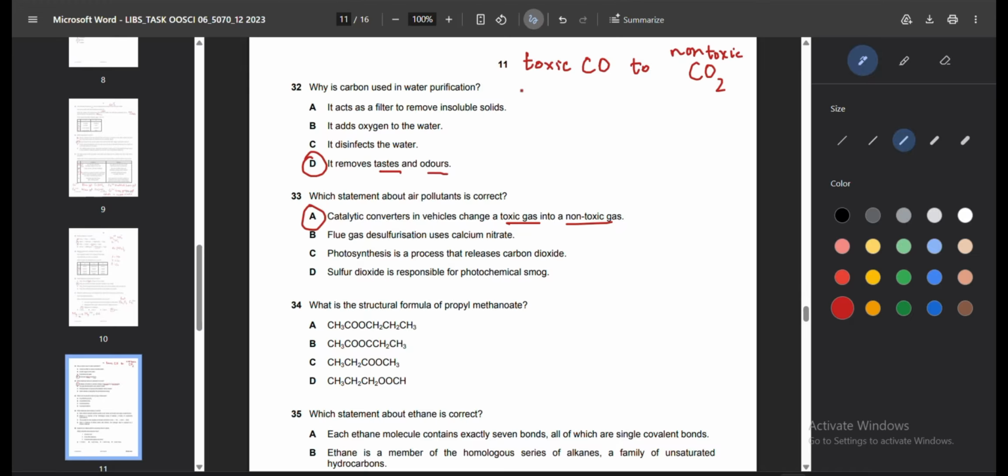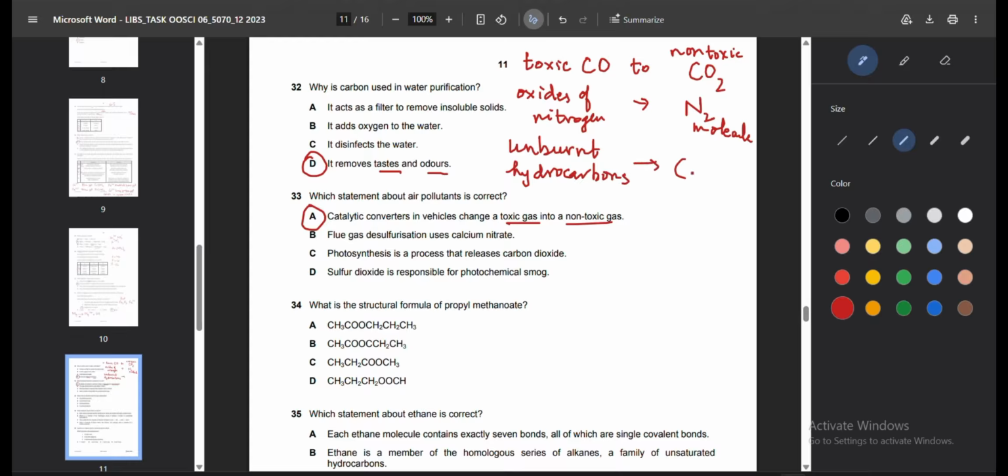And there are some oxides of nitrogen as well, and they are changed to nitrogen molecules. Then there are unburnt hydrocarbons that are toxic, so they are also changed to carbon dioxide and water.